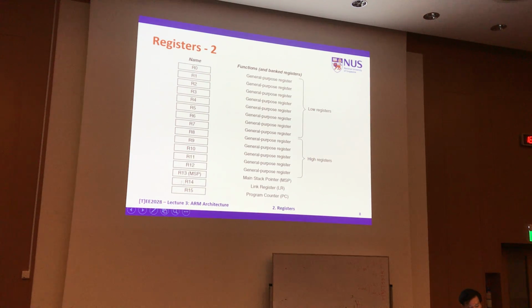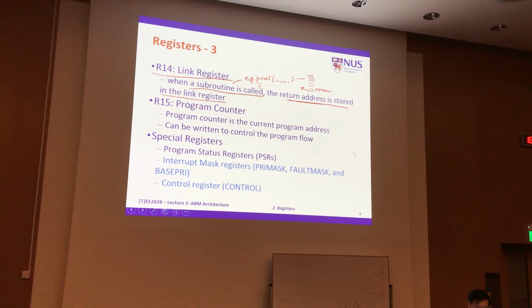The important ones are down here. You have the general purpose ones, R0 to R12. This is the stack pointer, this one is the link register, this one is the program counter, and the instruction register is not shown because the programmer doesn't have direct access to it. Like what your classmate mentioned, the link register is important when you have subroutines.